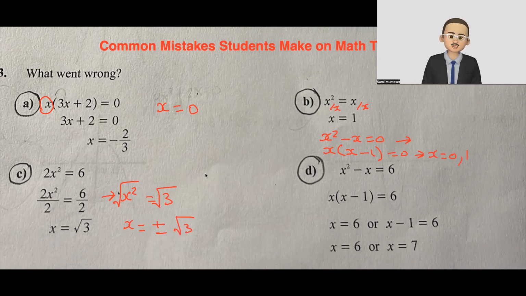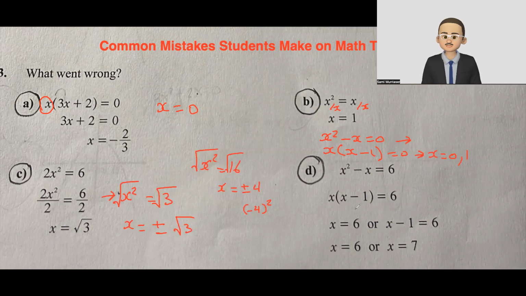Because if we had x squared equals 16, when we square root both sides, we're going to get x equals plus or minus 4. Because 4 squared is 16, and also -4 times -4 gives you 16.